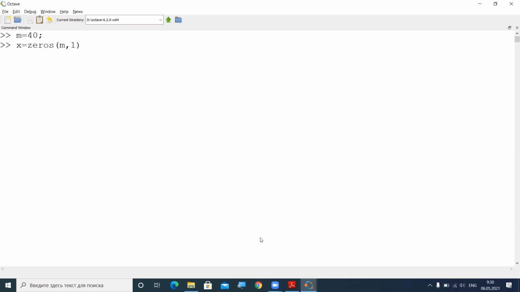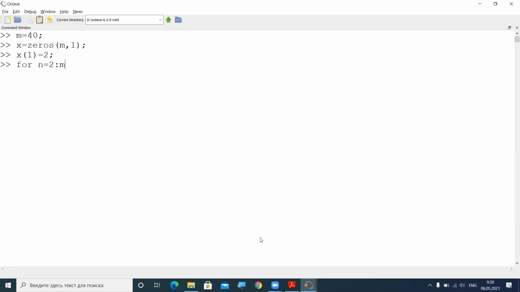We'll change M from 1 till 40 with a loop. Now let's continue. The first value is 2, so x1 is 2. And now open a loop for n from 2 till m.